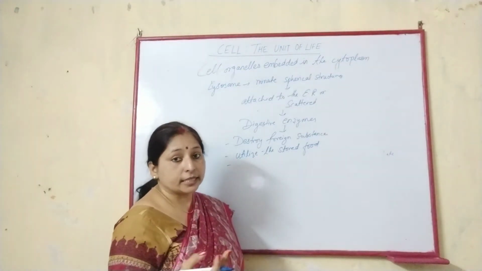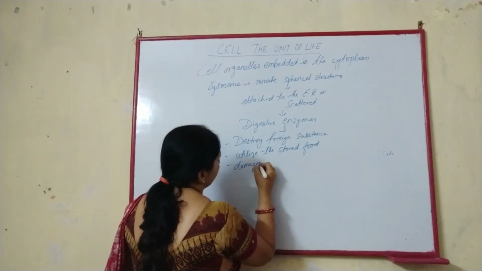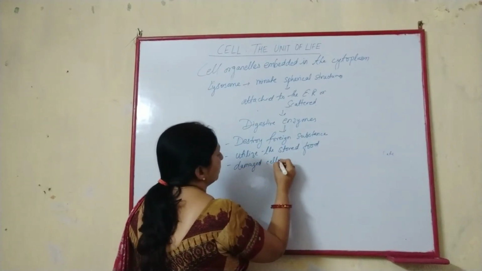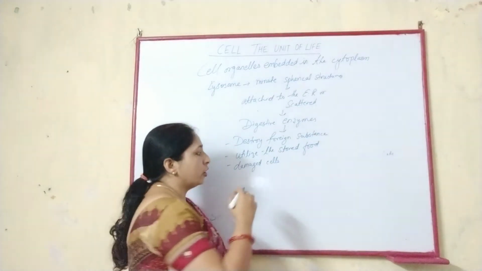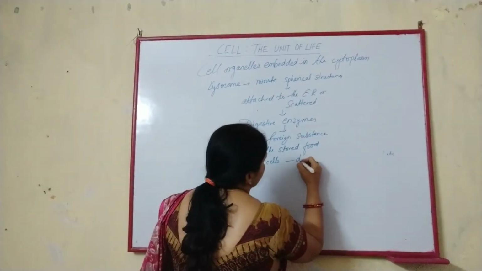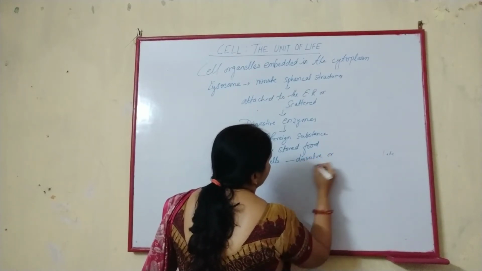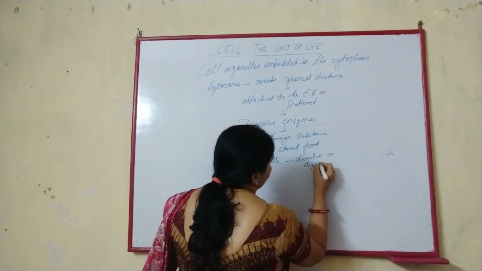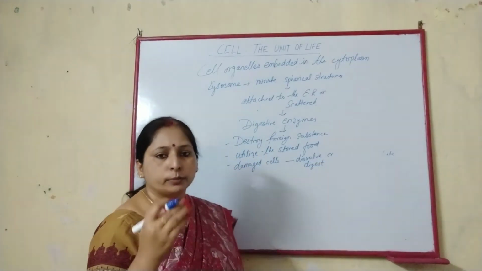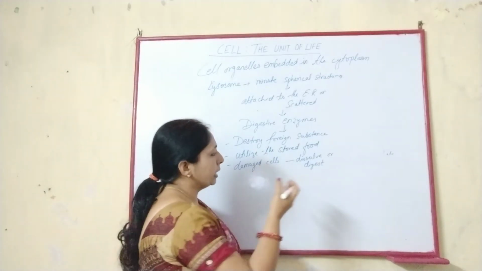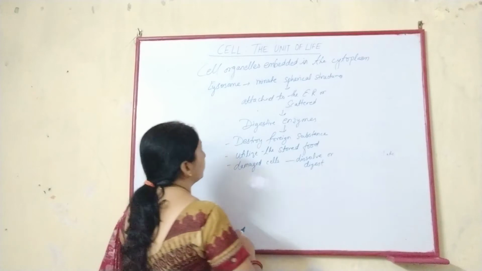In a damaged or destroyed cell, the function of lysosomes is to dissolve or digest these cells. So they are also doing the cleaning process, dissolving and digesting the waste materials or the dead cells.